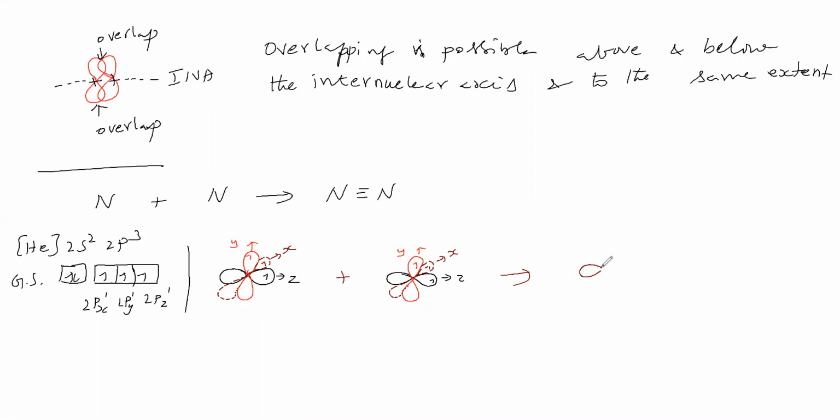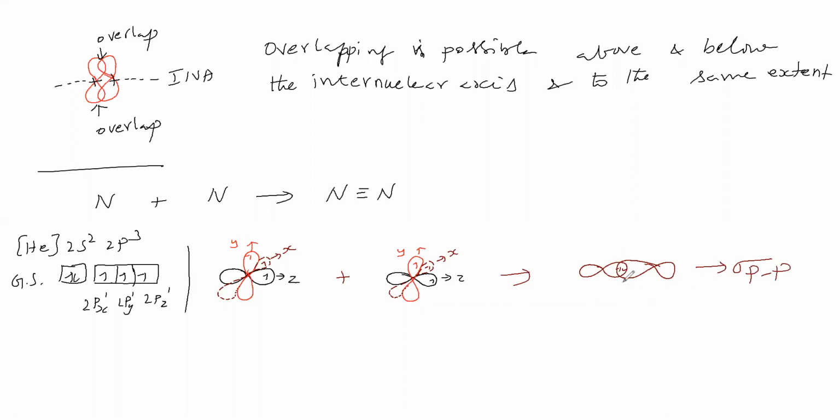These two 2pz atomic orbitals undergo end-on-end overlap, called axial overlap, and a sigma bond is formed.